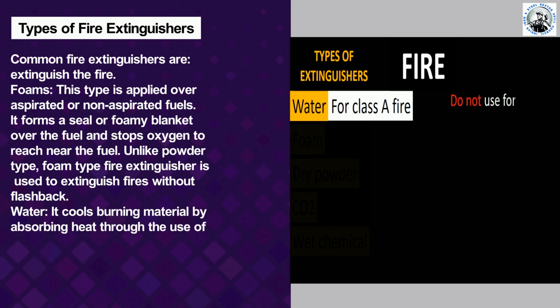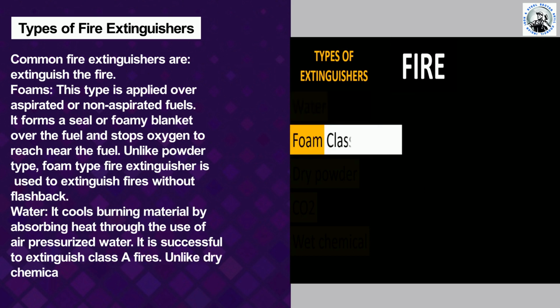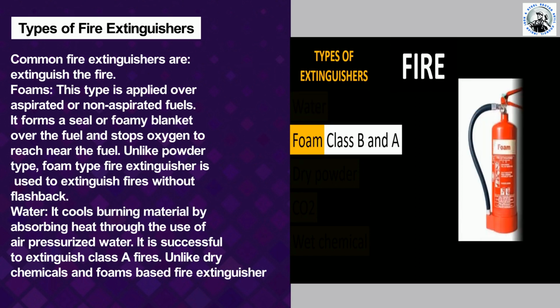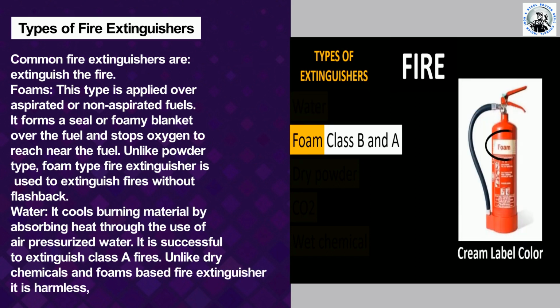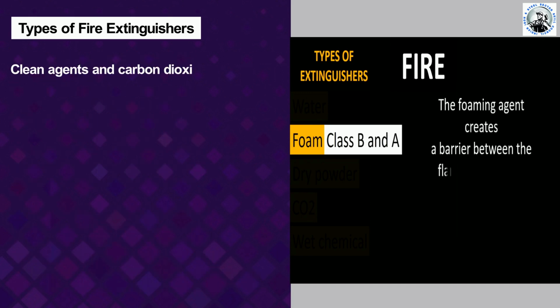Water. It cools burning material by absorbing heat through the use of air pressurized water. It is successful to extinguish Class A fires. Unlike dry chemicals and foam-based fire extinguishers, it is harmless, inexpensive and easy to clean. Cleaning agents and carbon dioxide.